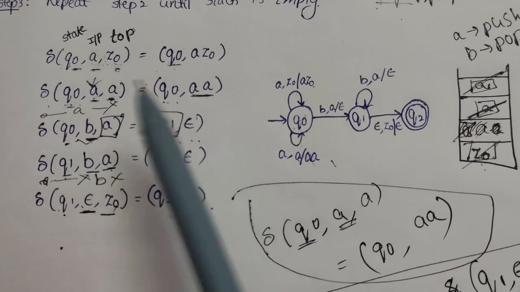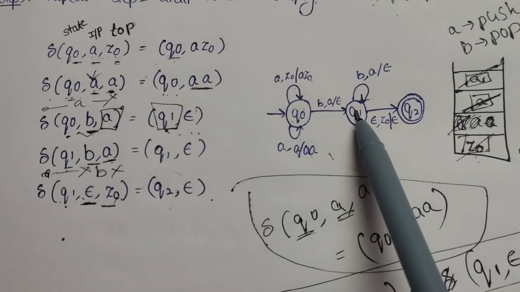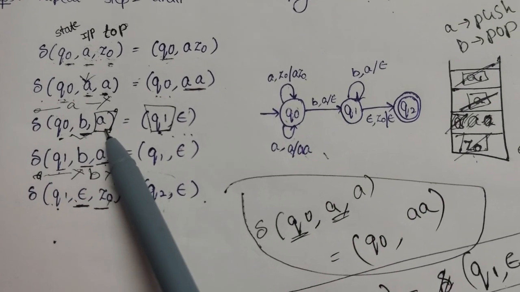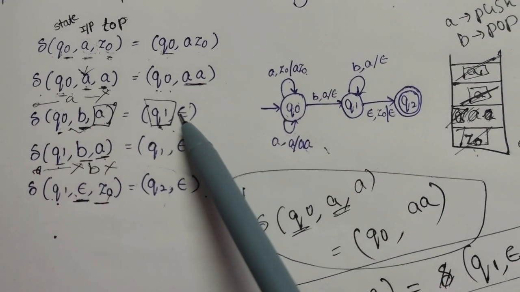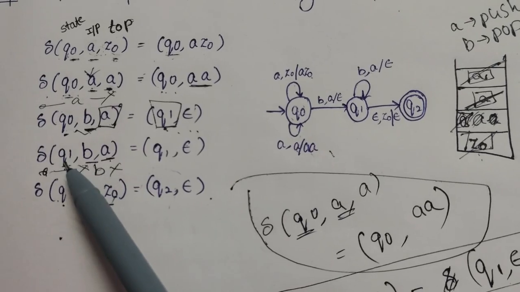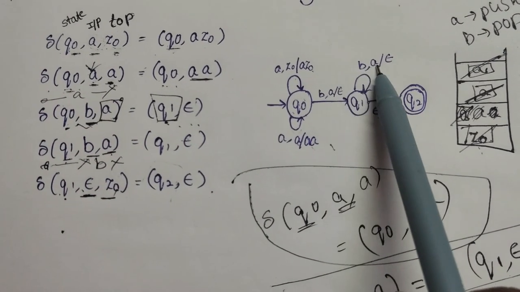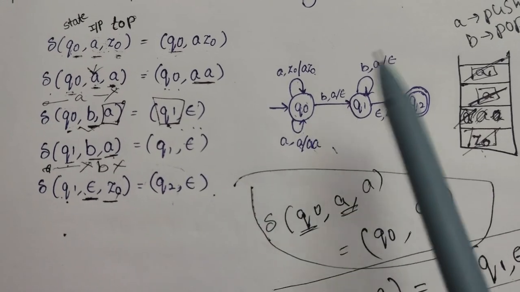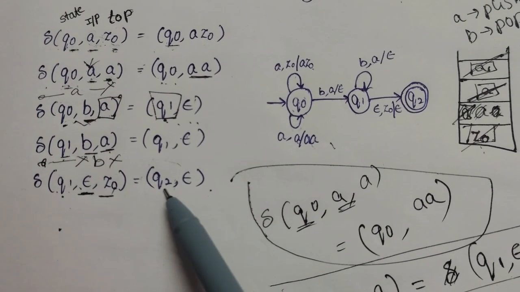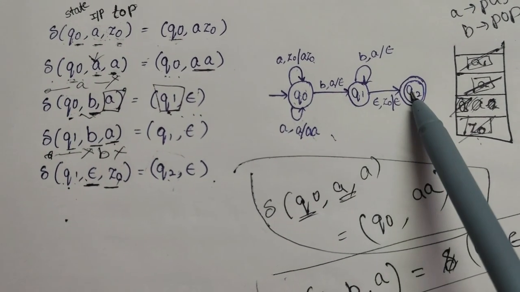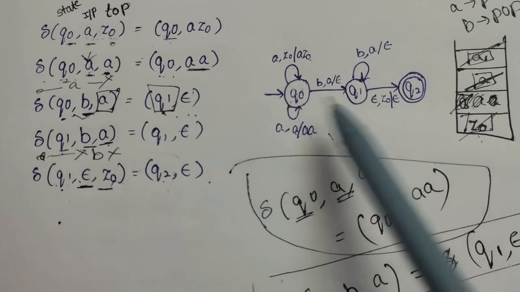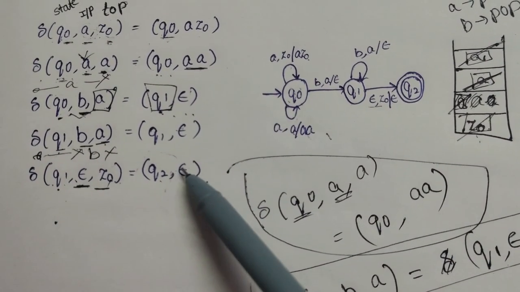Just write Q0 goes to Q1, right? Keep a transition with B comma A slash epsilon. Next, Q1 goes to Q1. Keep a self loop, B comma A slash epsilon. Next, Q1 to Q2, epsilon comma Z0 slash epsilon.